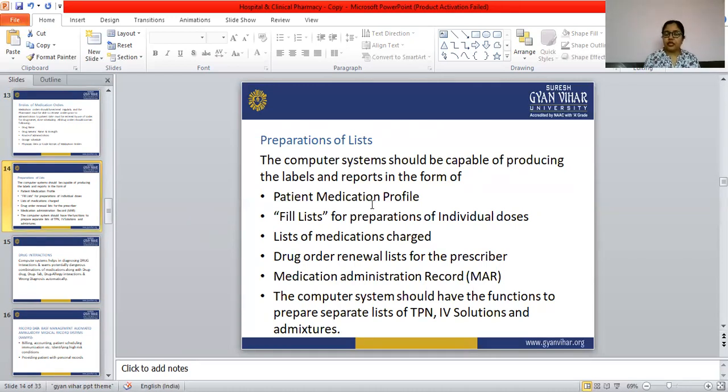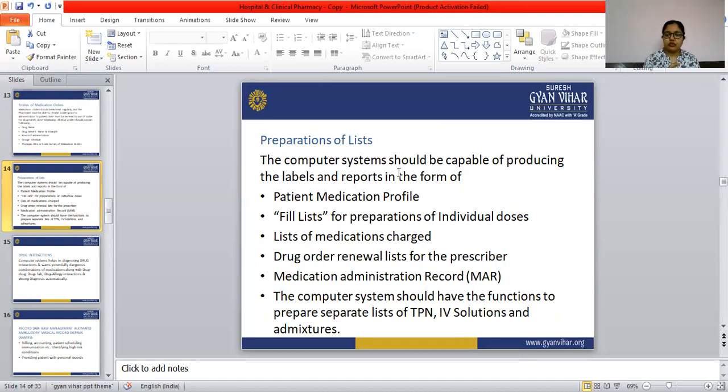So we are using the computer in the clinical pharmacy for preparing the list. The computer system should be capable of producing the labels and the reports in the form of patient medication profile, fill list for the individual doses, list of medications charged, drug order renewal list of the prescribers, and medication administration record.